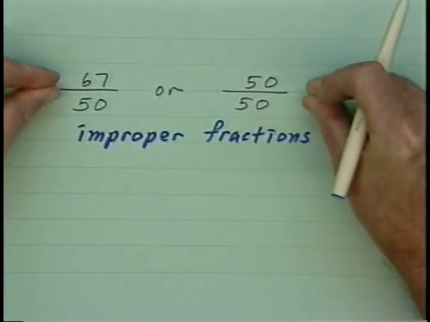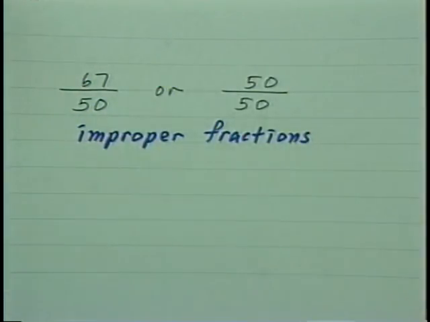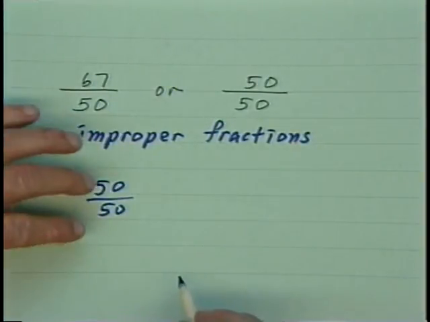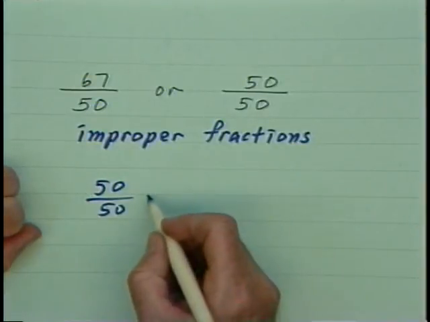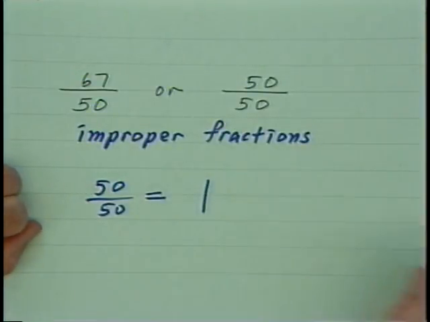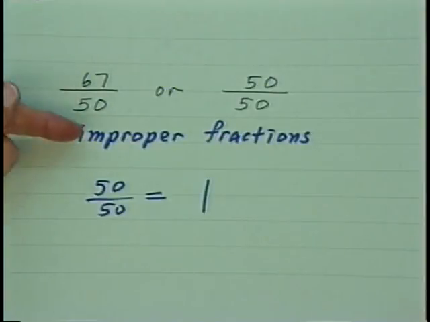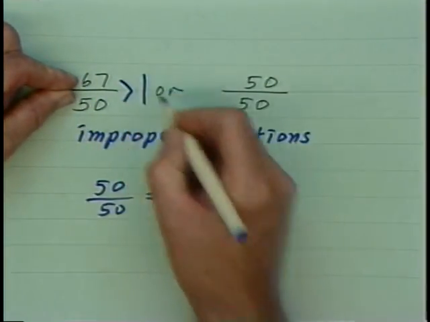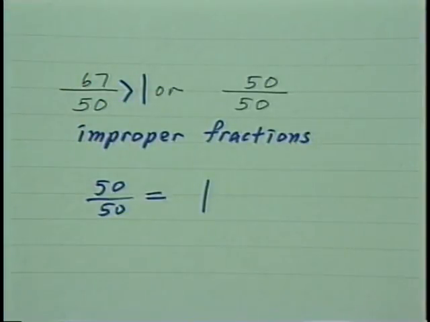There will be many, many times when this is the form that we need. And of course, where the top is equal to the bottom, that special improper fraction is equal to 1. If the top is greater than the bottom, that fraction will have a value greater than 1.